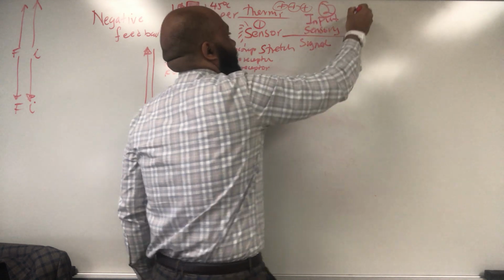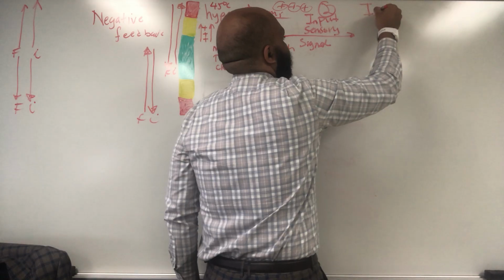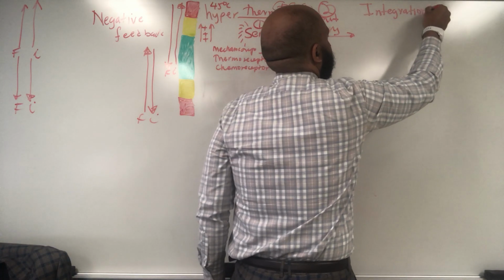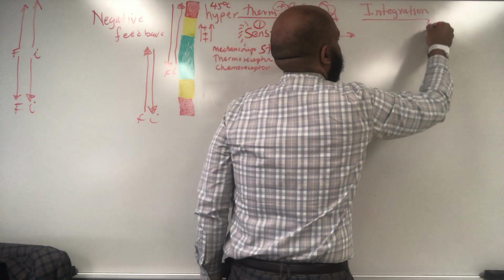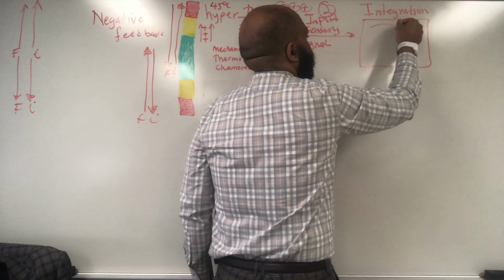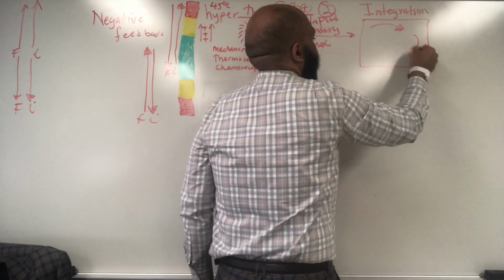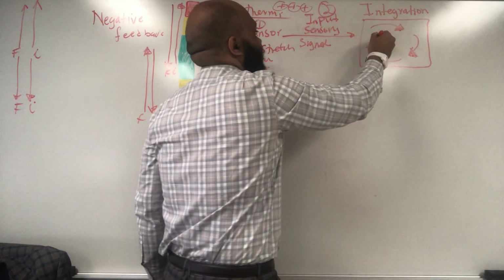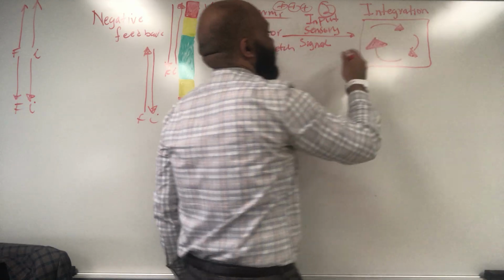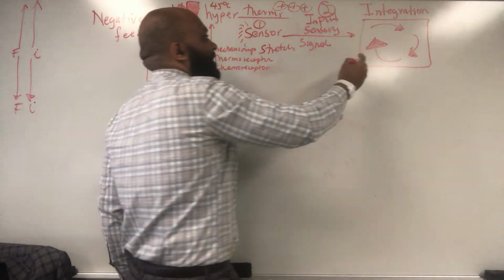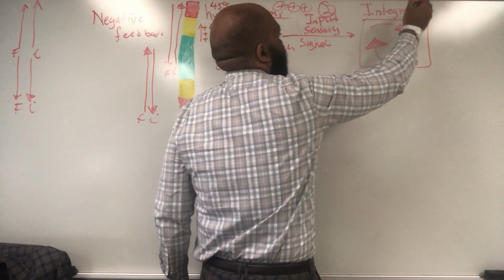It's going to send it to the computer, to the integration center. The integration center is going to integrate this information, understand that there is a deviation, and we must initiate negative feedback to repair it. Then after integration is step number what?